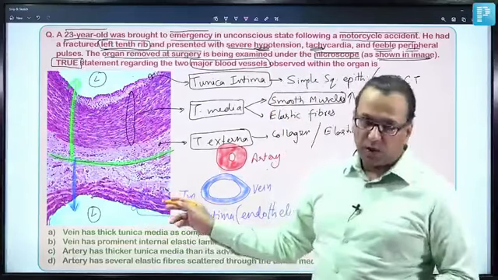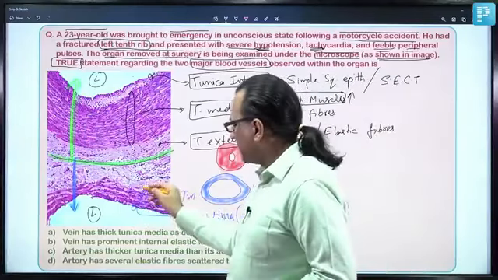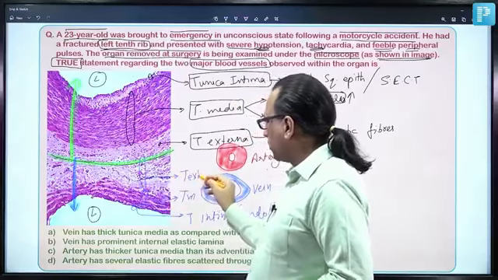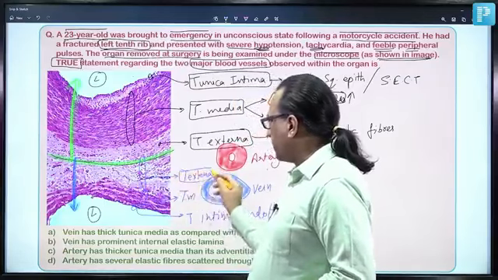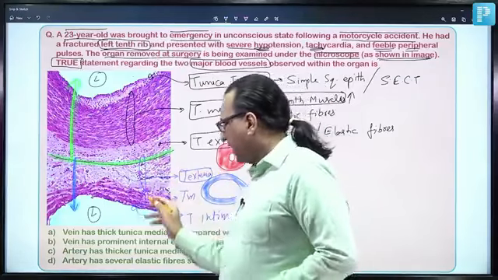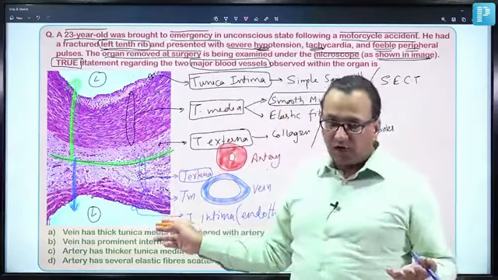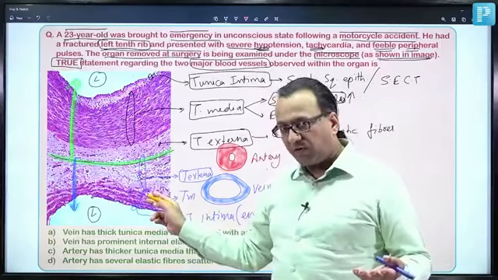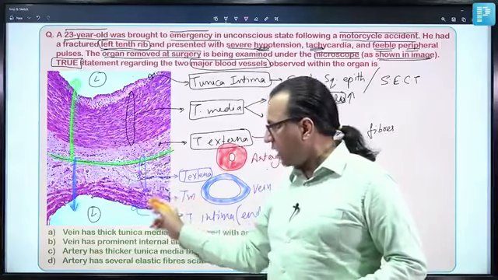Now you will notice one peculiar thing. In case of a vein, the tunica externa is quite large compared with tunica media. In fact, if you look at the proportion, tunica externa is 2/3 of the vessel wall and tunica media is 1/3.